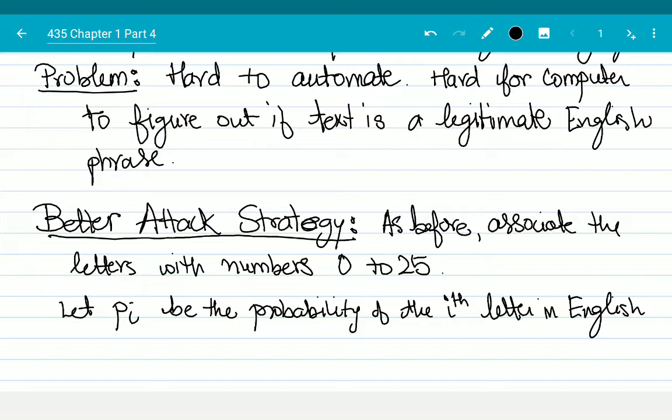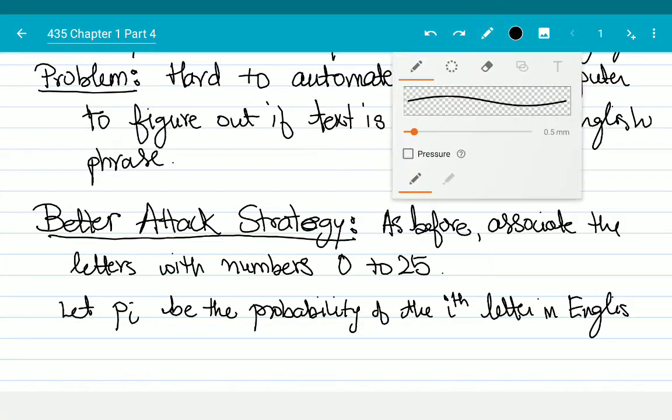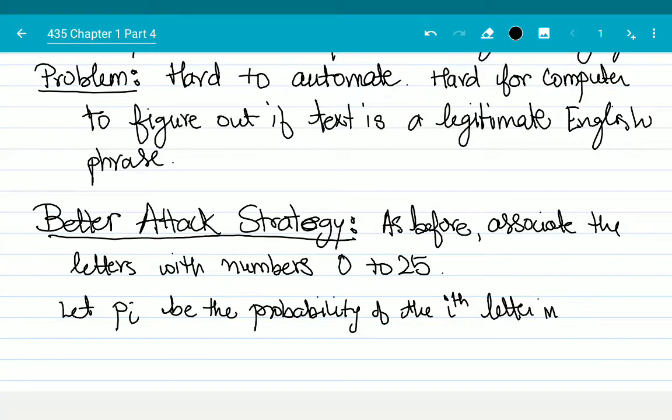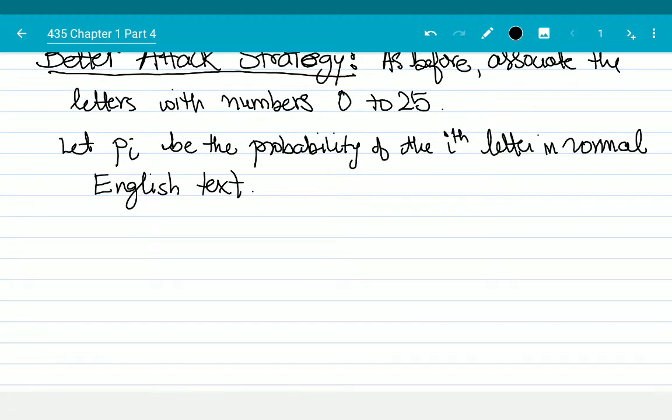Okay, so the thing is, I don't know the probabilities perfectly myself. However, they're available online.